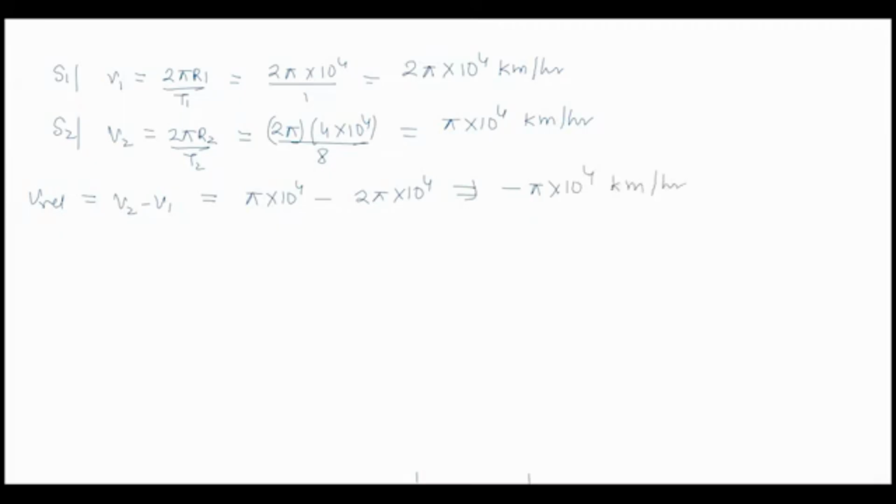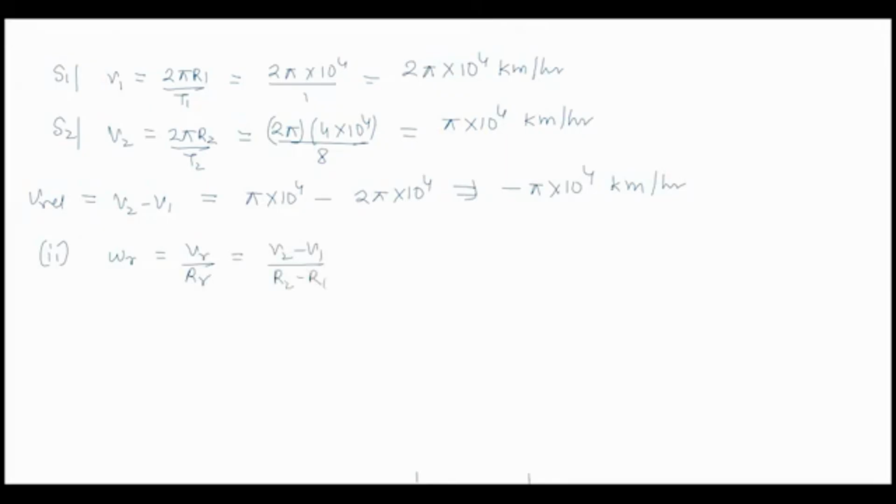Now the second question asks us to calculate the angular speed of S2 with respect to S1, that is, the relative value of angular speed. The relative angular speed is going to be Vr by Rr, which we can write as V2 minus V1 by R2 minus R1.